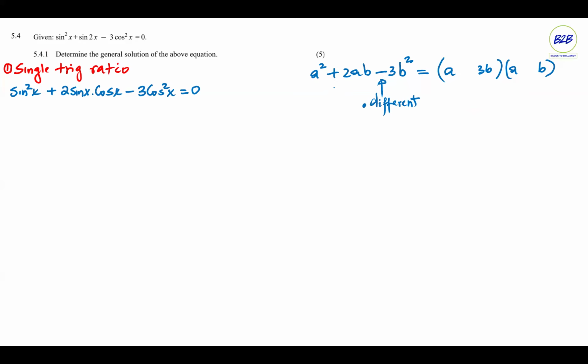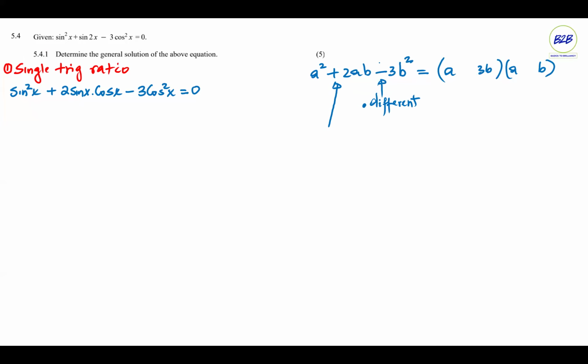And then the sign of the middle term is positive. What does that mean? Since our signs are different, between 3b and b, the bigger one must take the sign of the middle term.